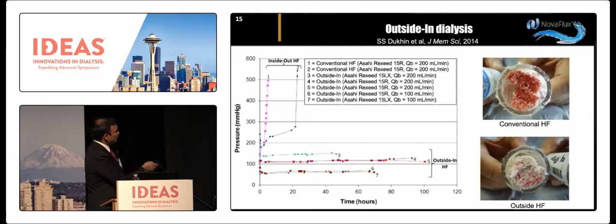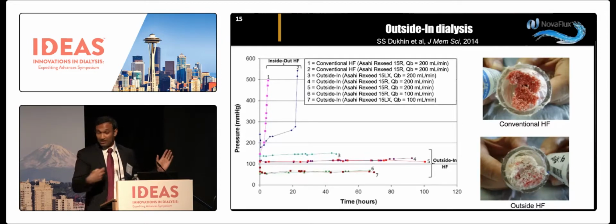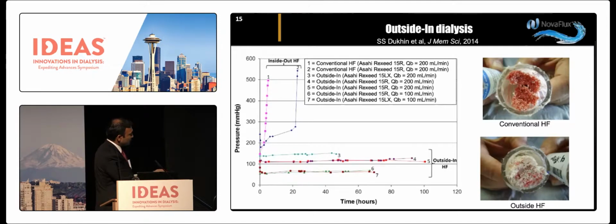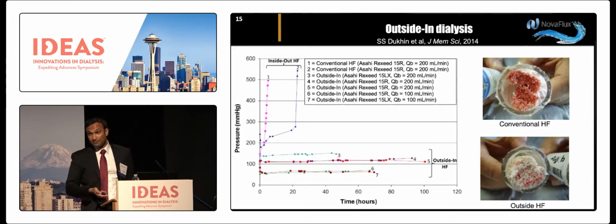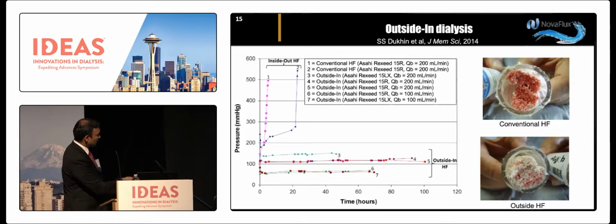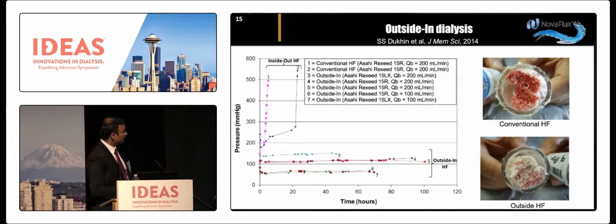With standard hemodialysis, you see pressure builds up at about 20 hours, and that's when the filter fails. But if you flow blood on the outside of the fibers instead of inside, the filter can go up to about 100 hours. Okay? You see quite a dramatic difference between the two.